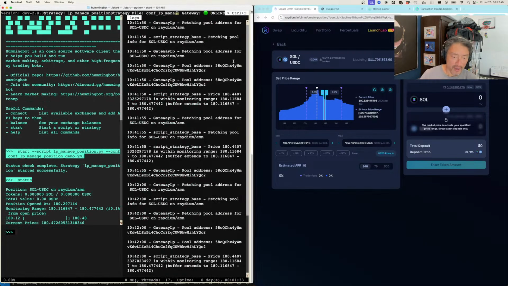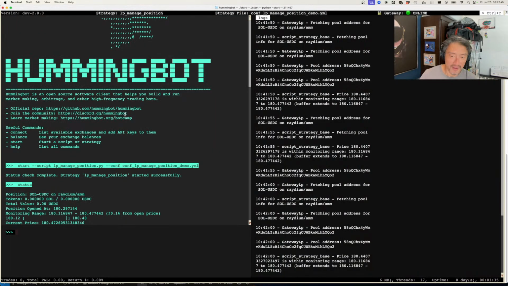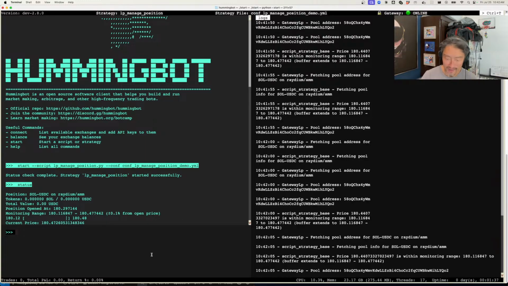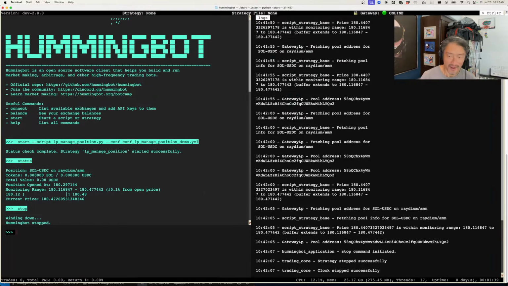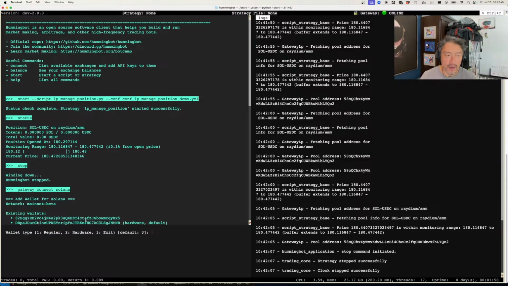This is actually not working, and the reason is because it didn't actually create the pool. It didn't create the pool because I'm still using my hardware wallet, and it's not going to have me sign transactions. So first I need to go back and use a different wallet for this. If I do connect Solana, I can see that I have my regular wallet and a hardware wallet.